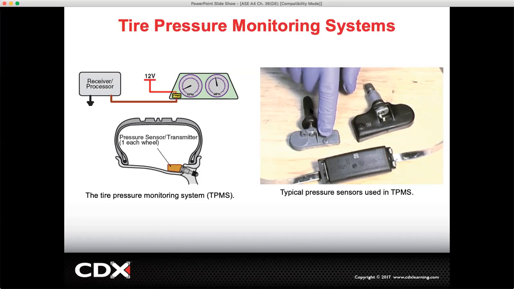The rubber housing tends to look like just a regular rubber valve stem that doesn't have a sensor. If you look at tires, and you see these, it just looks like there's nothing there. But as you can see, once you go further down, you have an actual sensor mounted. So when you're removing that tire, there's a possibility that depending on how you remove it, if you don't do it right, you can break that sensor.